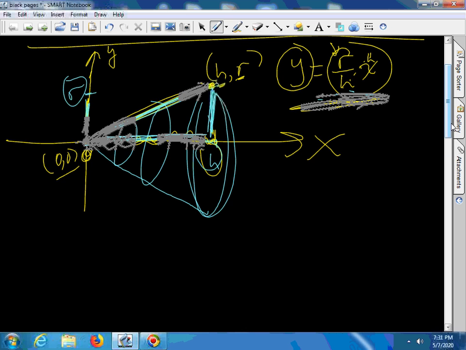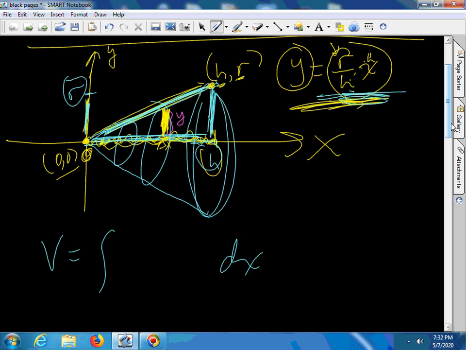Okay, so y is equal to r over h times x. Now, the volume is the integral, so we're going to do dx. We are revolving around the x-axis. So, basically, we take this disk, which has a delta x base, and we're going to get pi r squared, where r is this distance, which is y.